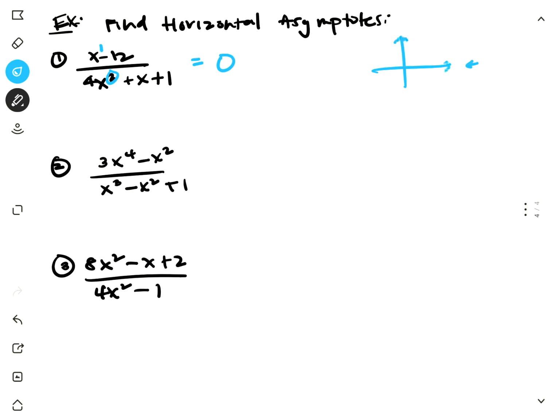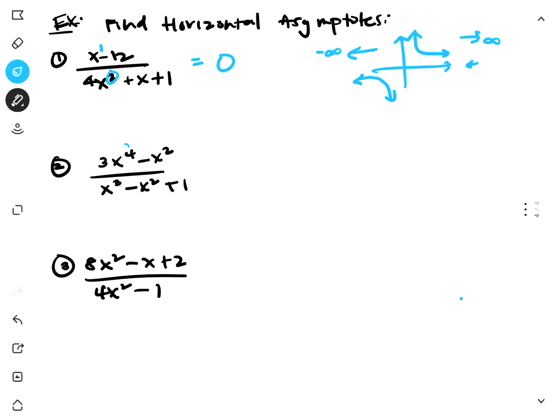Meaning it might look like this. As we go towards negative infinity, on the left-hand side, it gets closer and closer to 0. And then on the right-hand side, as we get towards positive infinity, it gets closer and closer to 0.